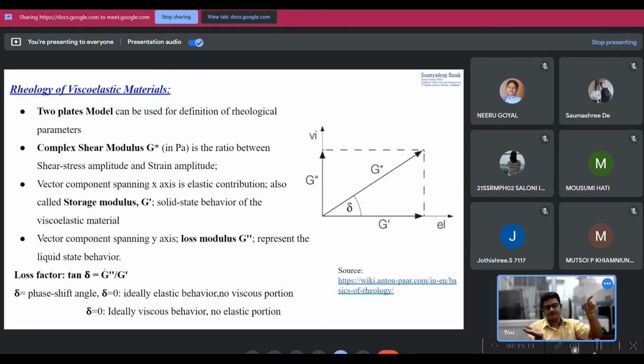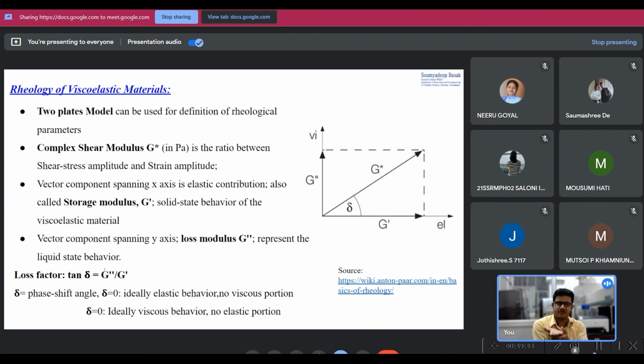If you think about it this way, the top plate is moving in a particular sine wave, but the material is not conducting that movement efficiently to the bottom plate. The bottom plate has a load cell, or a detector, you can say. So it is not detecting at the same time the top plate is moving. There is a delay. That delay is called the phase shift, denoted by delta.